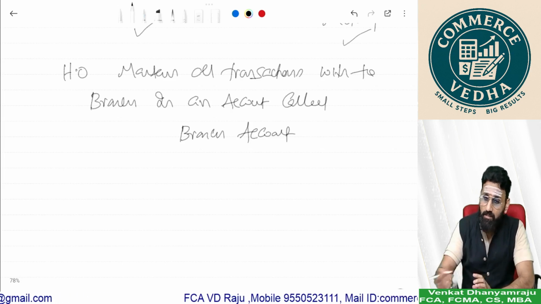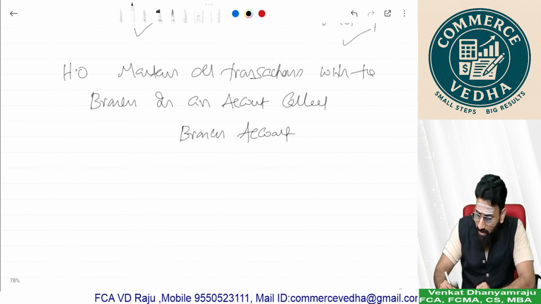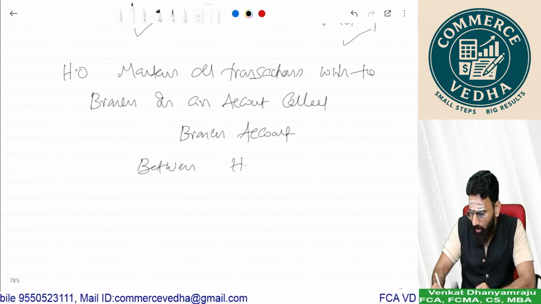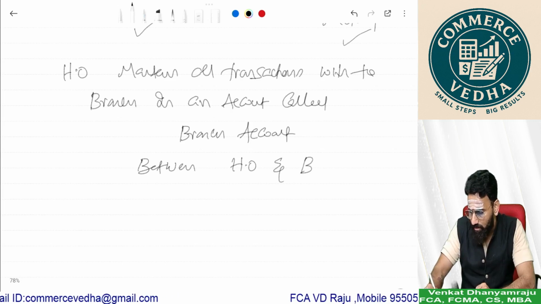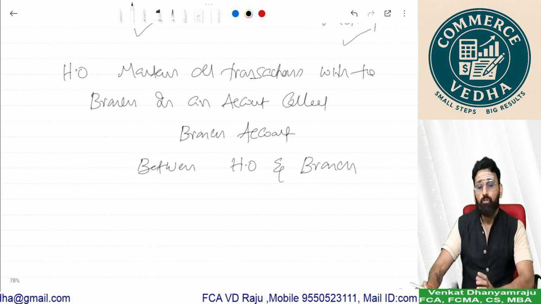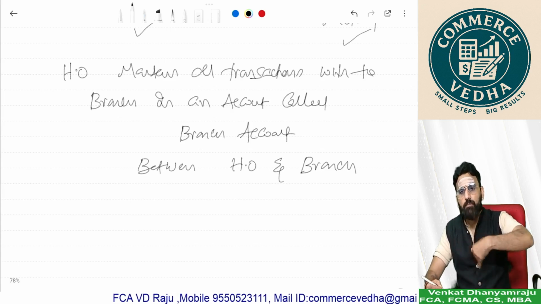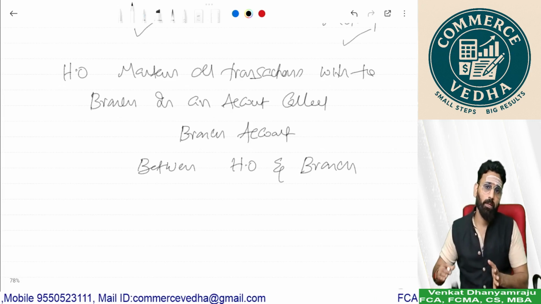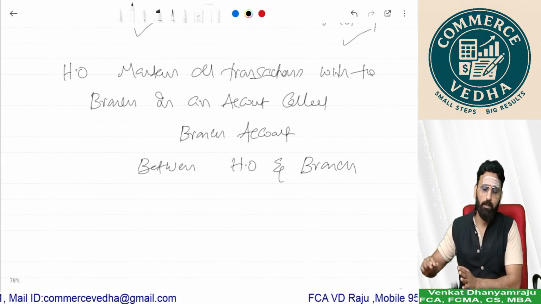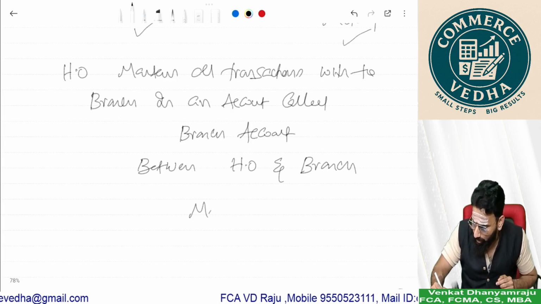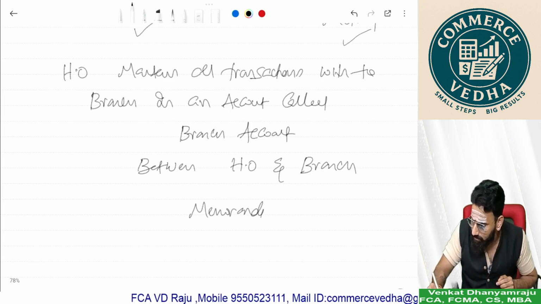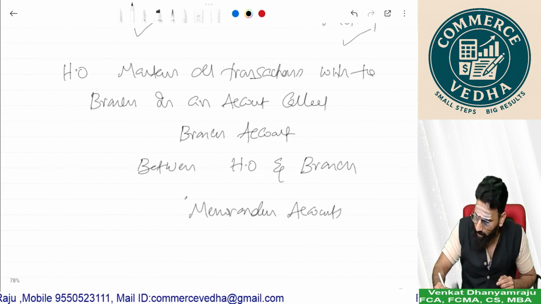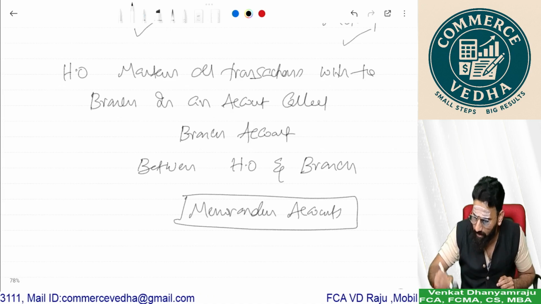What are the transactions recorded by HO? Only the transactions between HO and branch. So the internal transactions within the branch will not come through this account. That should be separately prepared using memorandum accounts. What is that? We will learn separately while doing the sums on this particular method.